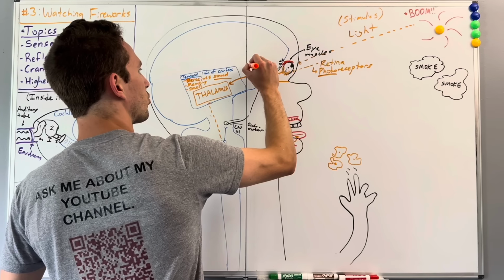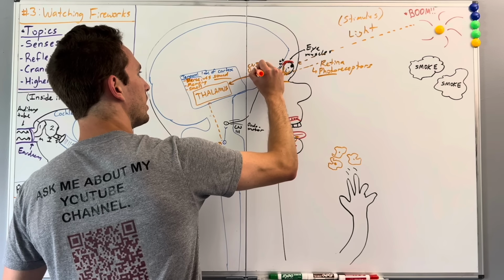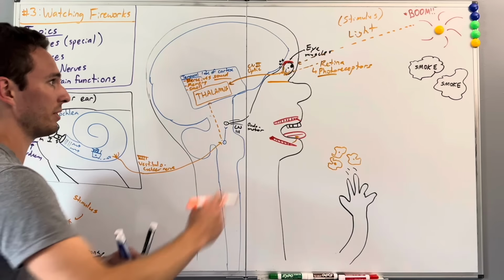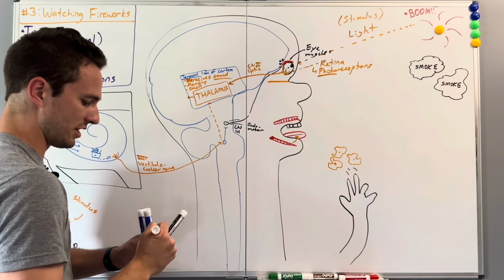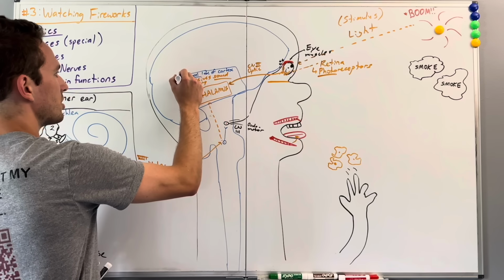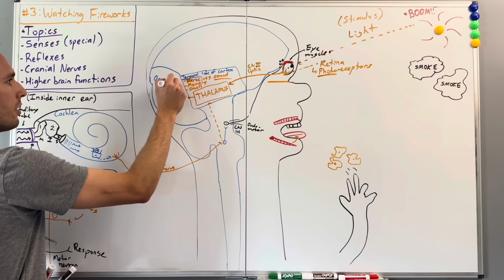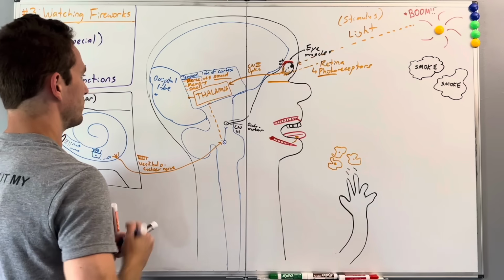This nerve is cranial nerve number 2, the optic nerve, and it's going to detect light, obviously. Sends it to the thalamus. From there, we send the information back to this lobe of the cerebral cortex. That will be right here, the occipital lobe. And that occipital lobe is going to detect sight, vision.